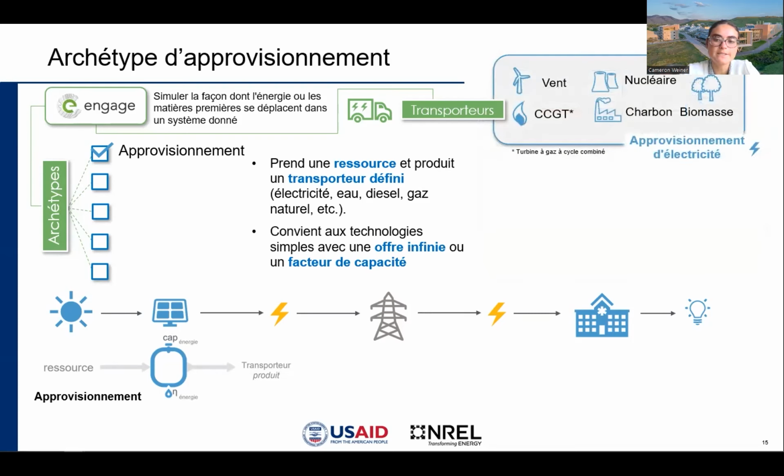And because a supply technology can rely on any resource, you can see how the supply archetype can represent just about any type of electricity generation asset that you can think of, such as wind turbines, combined cycle gas turbines, coal power plants, nuclear power plants, biomass generators, anything that takes in a resource and outputs a carrier, electricity being the example here.